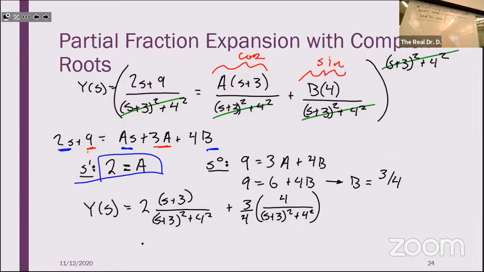We can take the Laplace transform of this. This guy right here in the blue dashed box is cosine of 4t times e to the negative 3t. The guy in the blue box is sine of 4t e to the negative 3t.